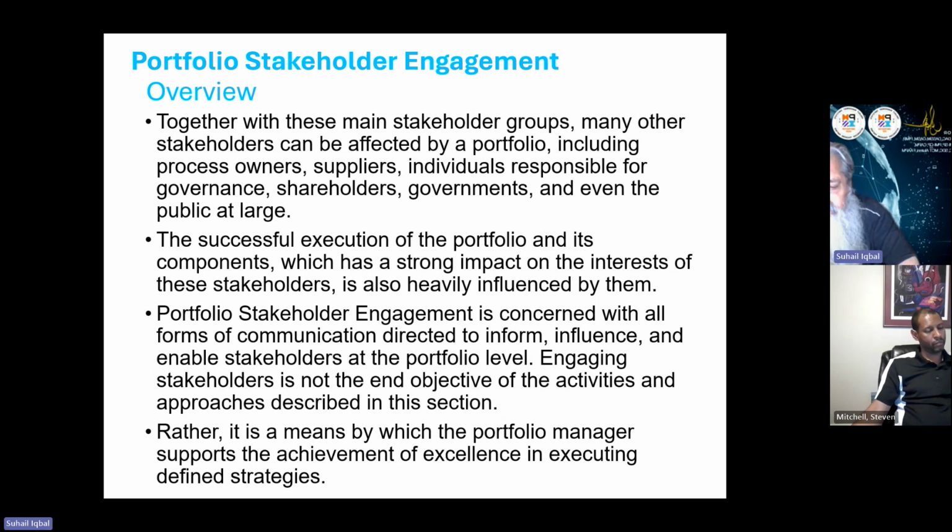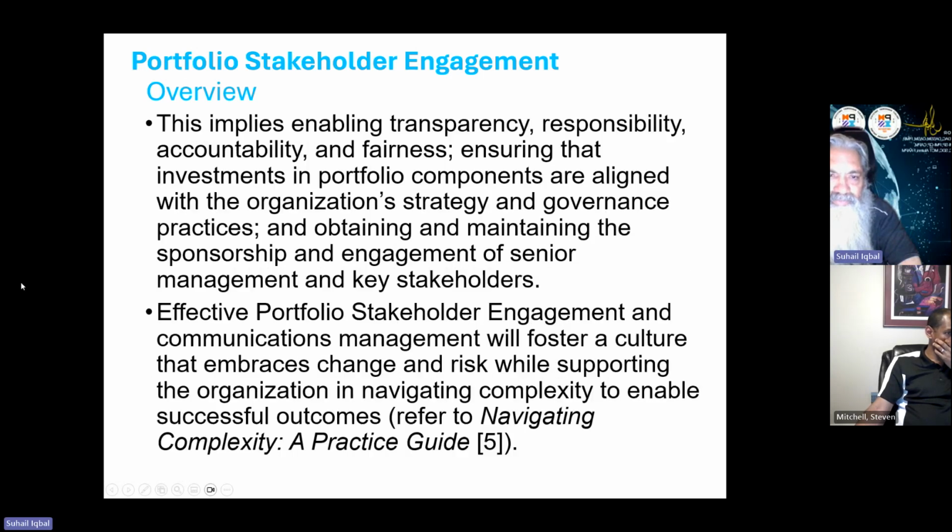Rather, it is a means by which the portfolio manager supports the achievement of excellence in executing defined strategies by keeping the system completely transparent. This implies enabling transparency, responsibility, accountability, and fairness, ensuring that investments in portfolio components are aligned with the organization's strategy.